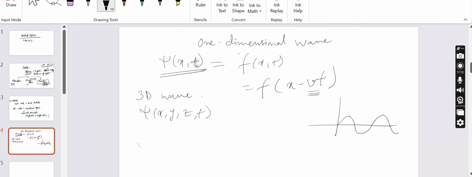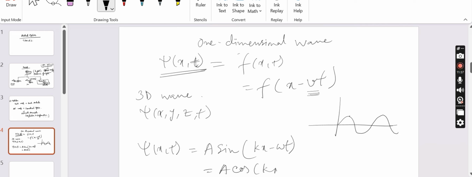This wave function psi can be written as sine(kx minus omega t), or you can also write it as sine(omega t minus kx), whichever convention you want to follow.